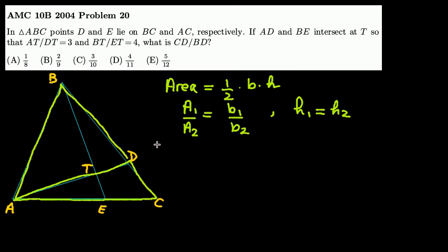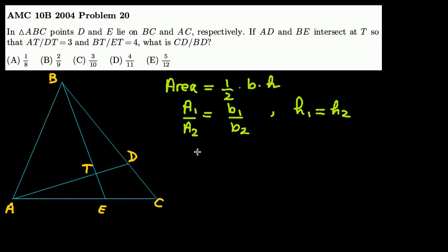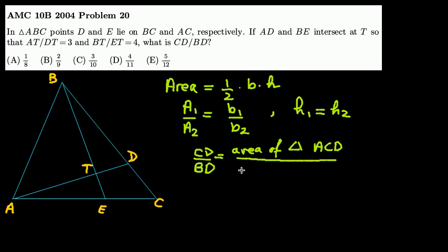What we can say is that CD over BD is equal to the area of triangle ACD divided by the area of triangle ABD.